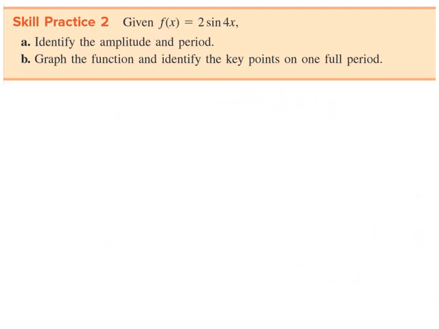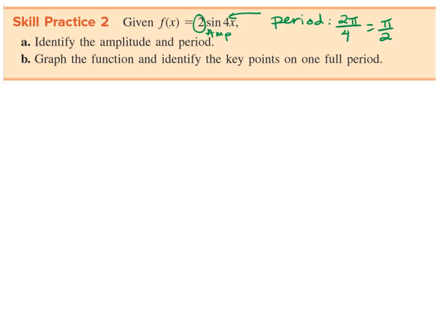Let's give this one a try. Looking at this, 2 is the amplitude. If I want to find the period, I use b. So the period is 2 pi divided by b. In this case, it's pi divided by 2 once again.